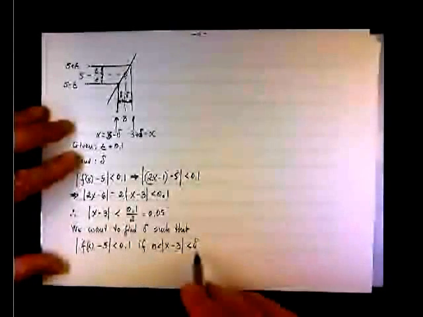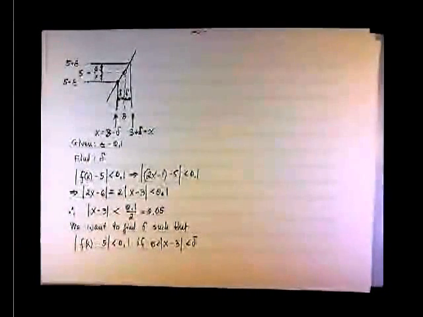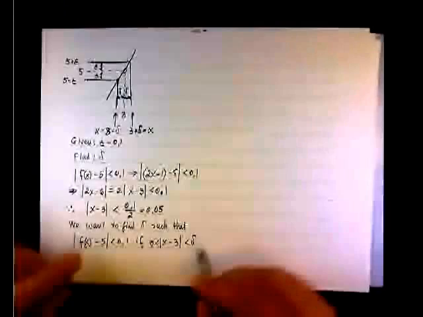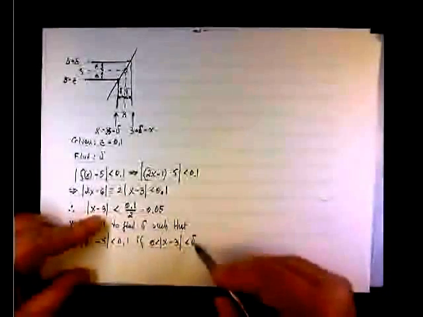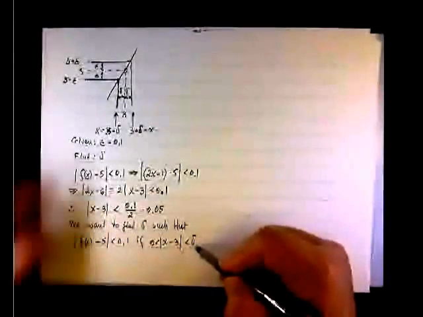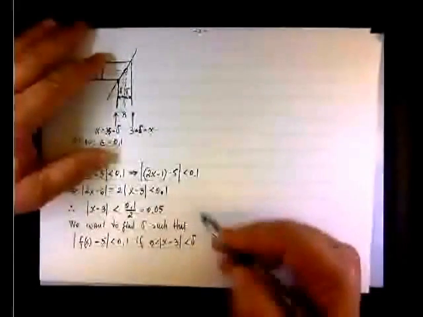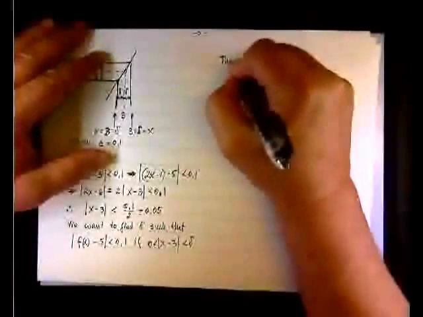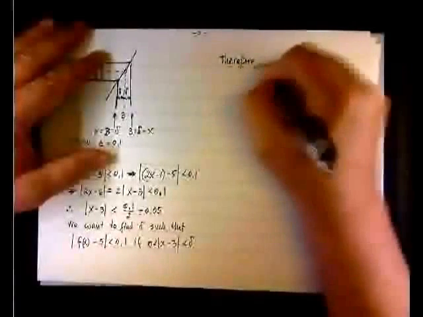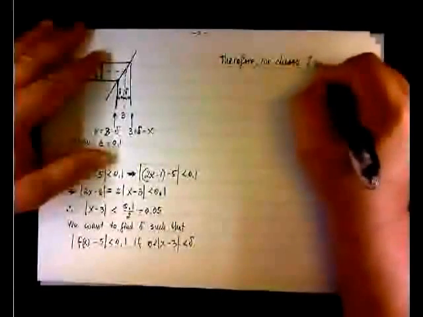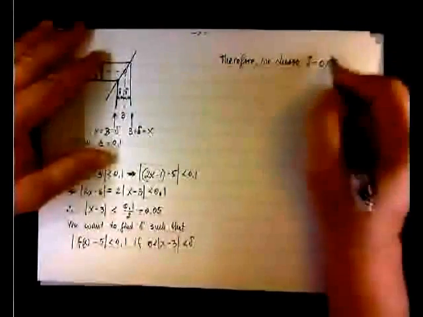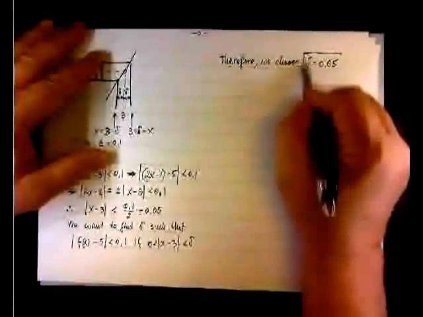And let's take here that this is positive, because we said that delta will always be a positive quantity. Having found out that the absolute value of x minus 3 is less than 0.05 and 0.05 is positive, that looks like 0.05 is a suitable delta value. So we're going to choose delta equals 0.05. Okay, and that will be the answer to the question.